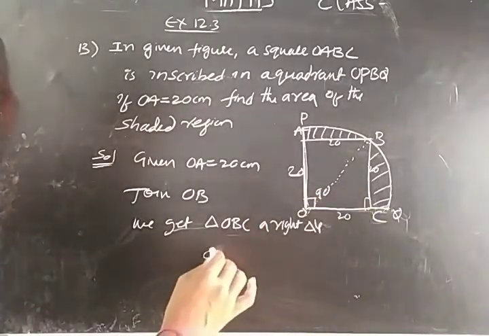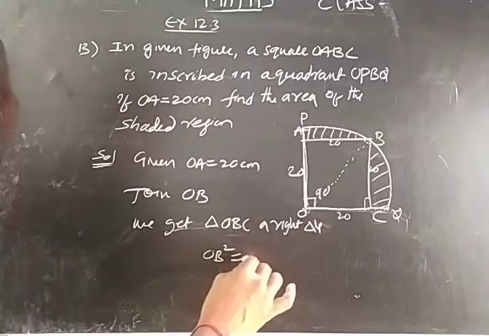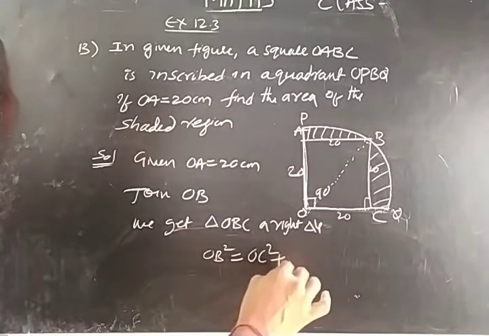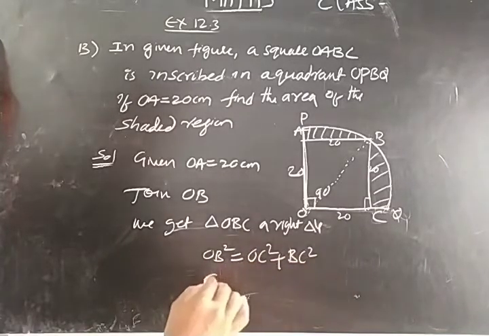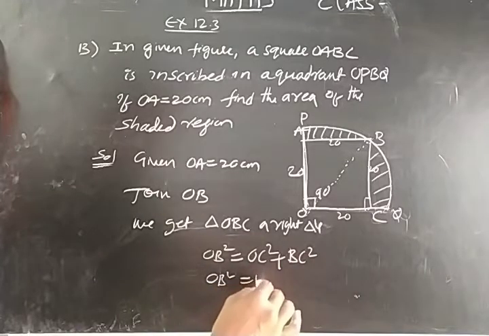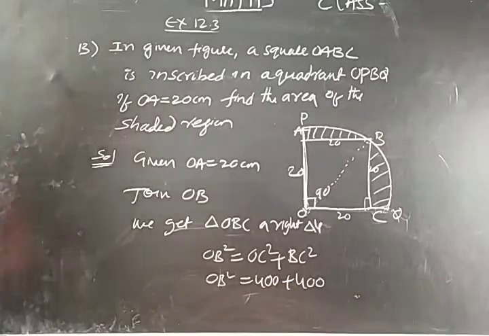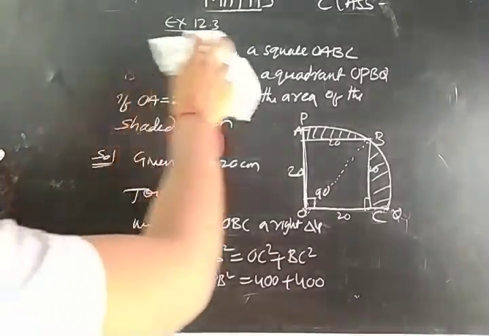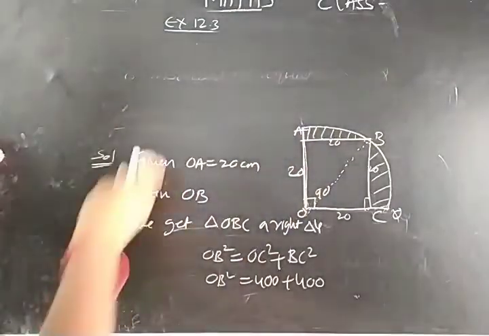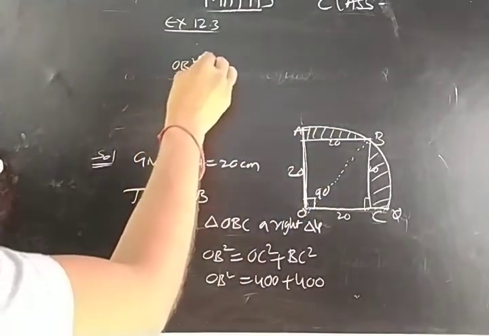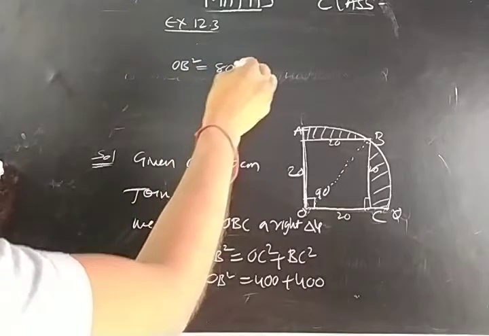In that, OB square is equal to OC square plus BC square. So OB square is equal to 20 square, 400 plus 400, 800, right? So OB square is equal to 800.